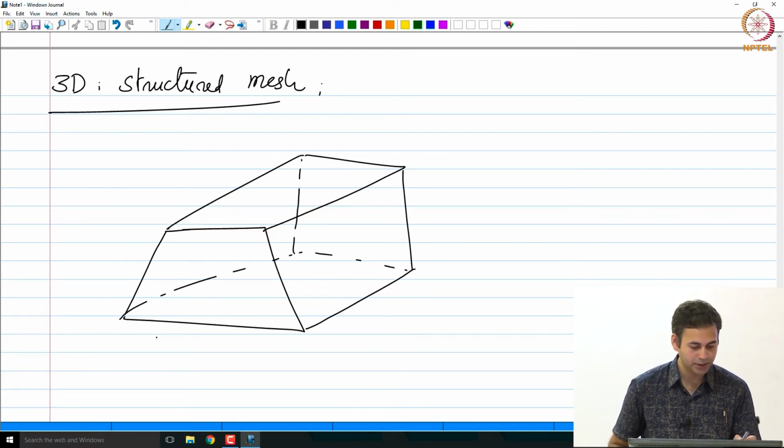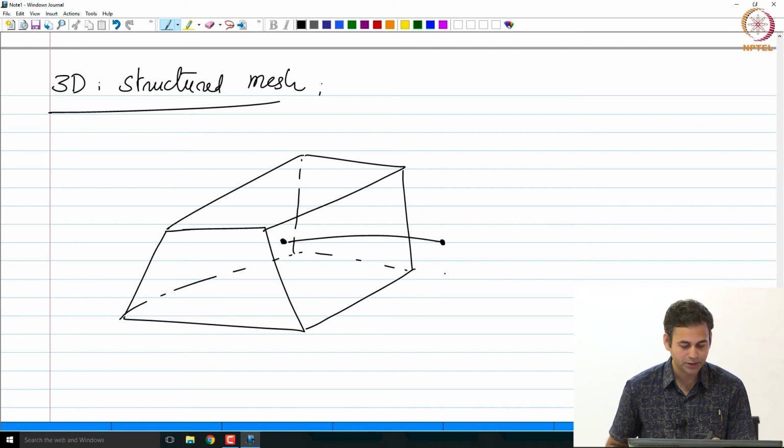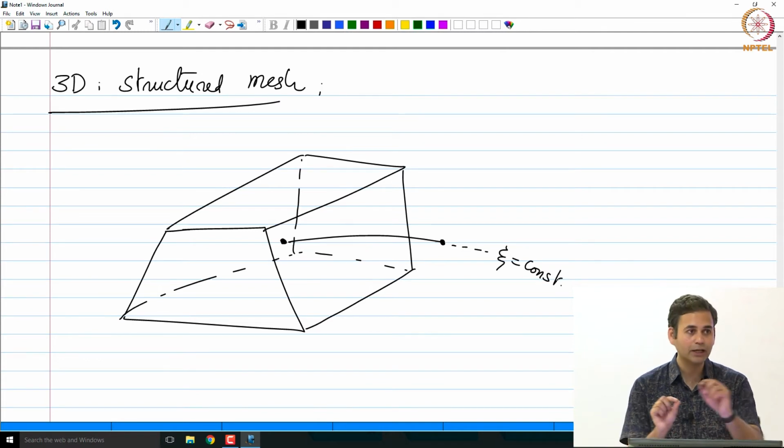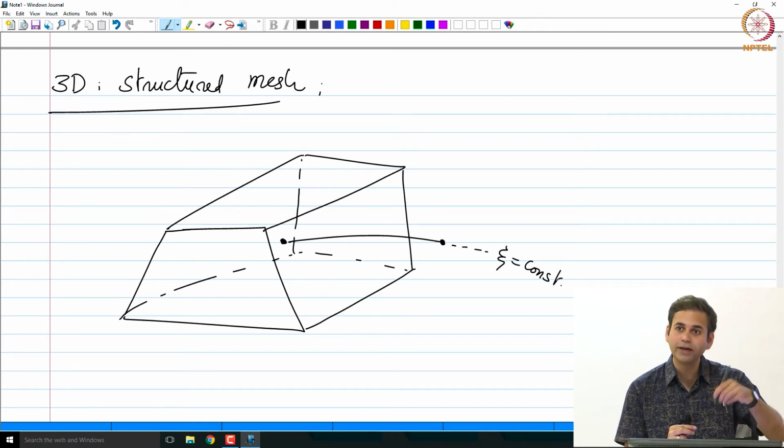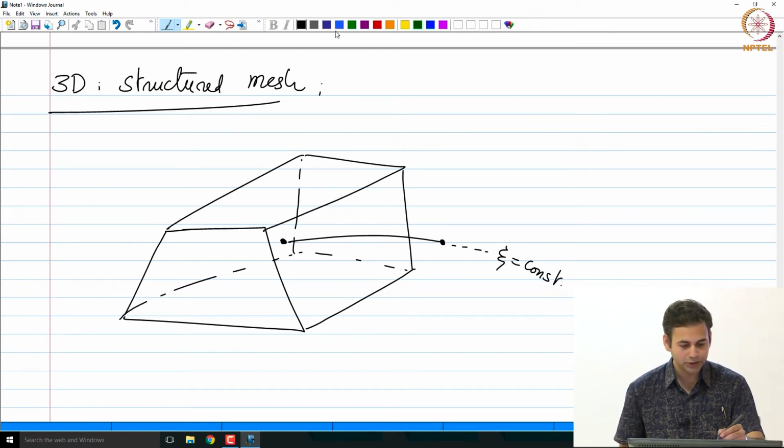This is 3 dimensions, and then we have of course the cell centroid, and this is connecting the other cell centroid, which is here, right, and this we call xi equals constant, along the cell centroids. And up till now we have only eta, which is along the face. But now what is the face right now? This is the face we are talking about.